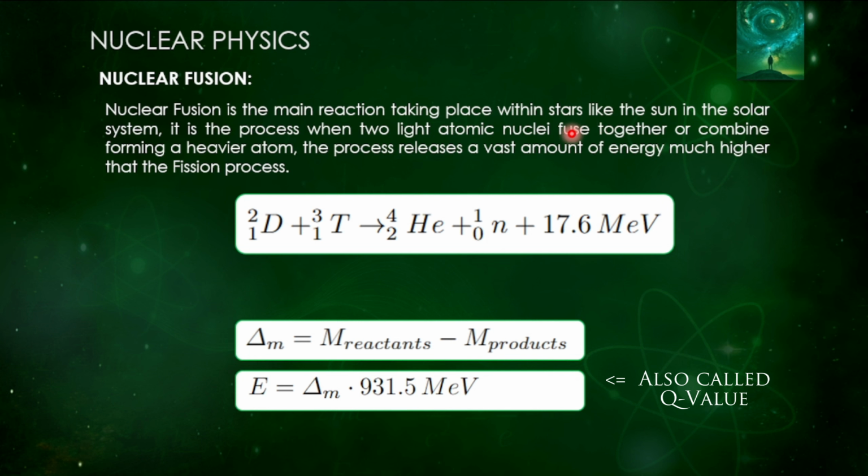Now, nuclear fusion. Nuclear fusion is the main reaction taking place within stars like our sun in the solar system. It is the process when 2 light atomic nuclei fuse together, forming a much heavier atom, but the result of that process is the release of a much vaster, colossal amount of energy, even way bigger than the energy released by the fission process.